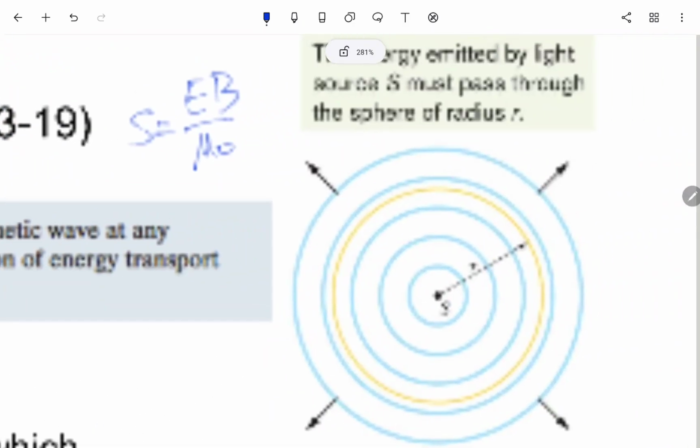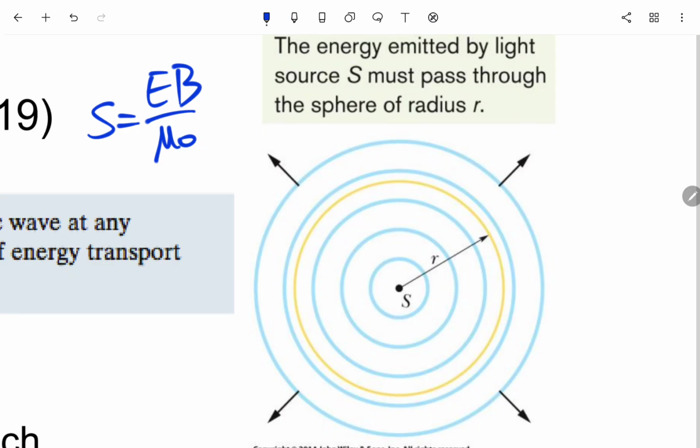Here it mentions that suppose we have a source generating some EM wave. It will propagate in any direction. Actually it's like the cross section of many concentric spheres, so the cross section will be many concentric circles.